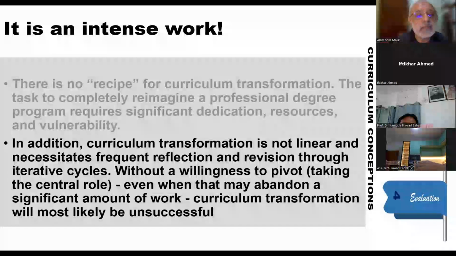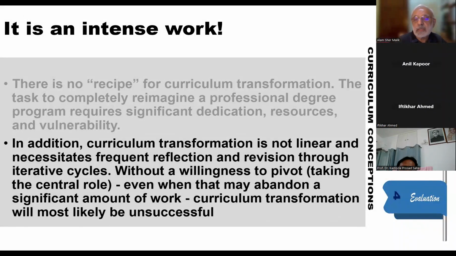There would be many revisions, front and back, up and down, things going. But somebody has to take the responsibility, and probably the person who is taking the responsibility should be relieved from other work, so they can work completely on this.